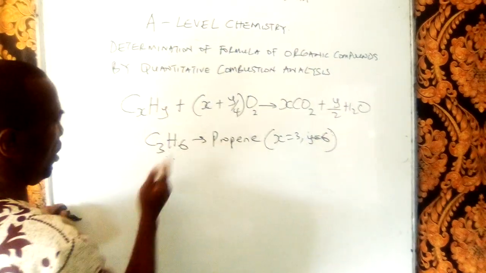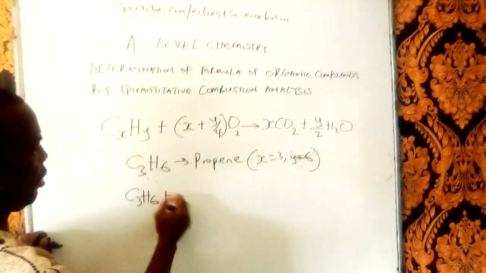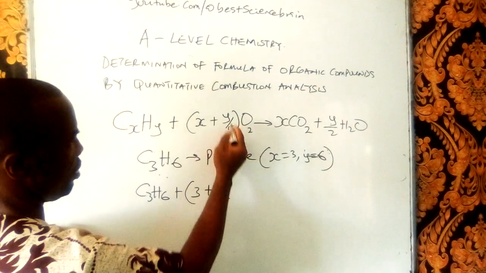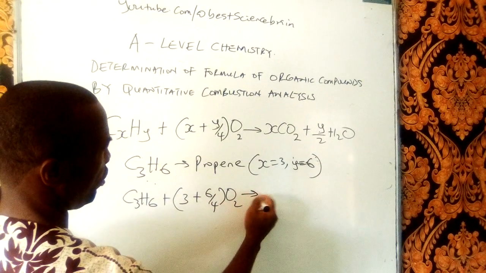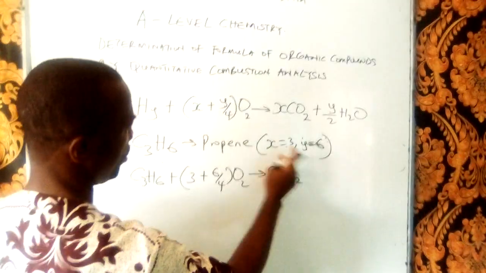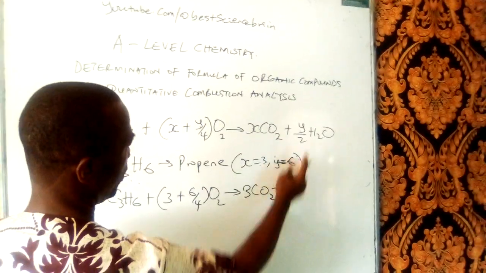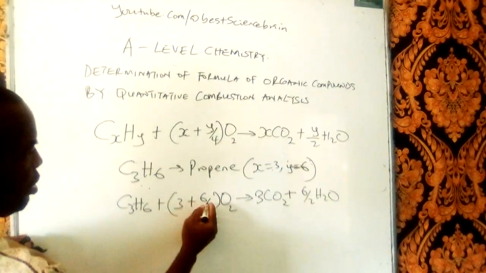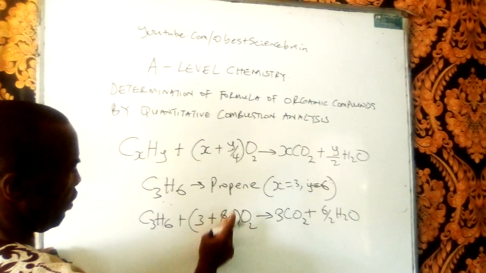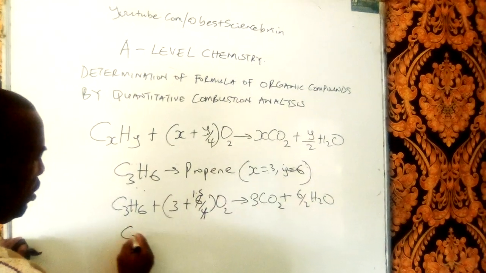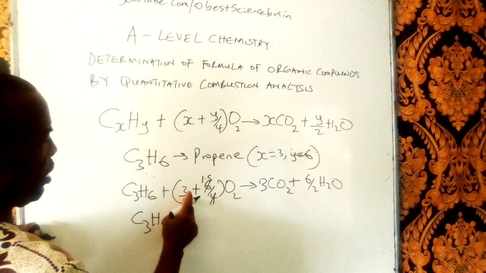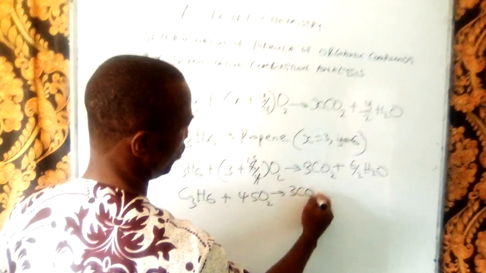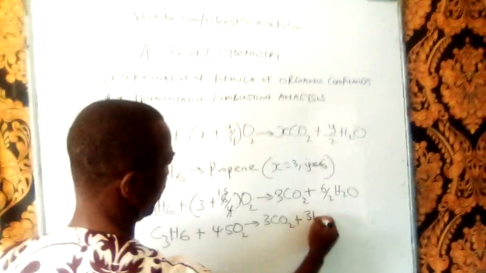Putting the values here, C3H6 plus (3 plus 6 over 4) oxygen, giving us 3 CO2, 3 for x, then y is 6, so 6 over 2 H2O. When we solve it out, 6 over 4 gives us 3 over 2, which is 1.5. So C3H6 plus 3 plus 1.5, which gives us 4.5 oxygen, then 3 CO2, and 6 over 2 is 3 H2O.